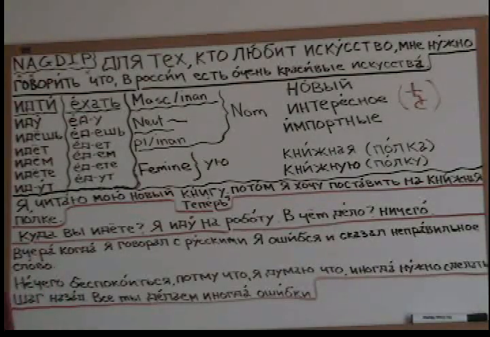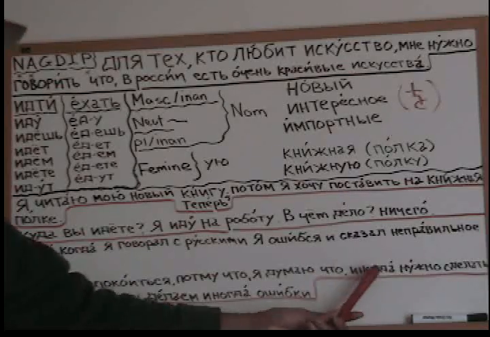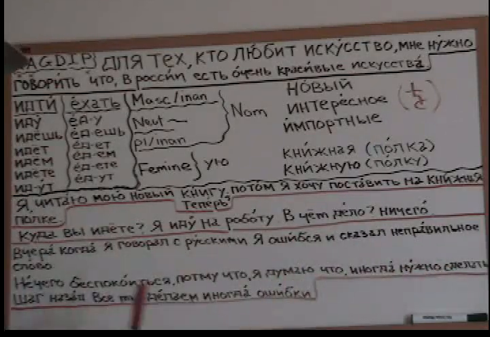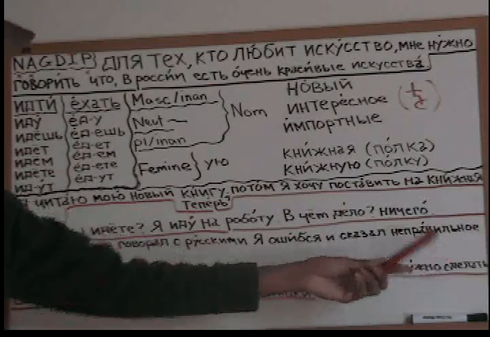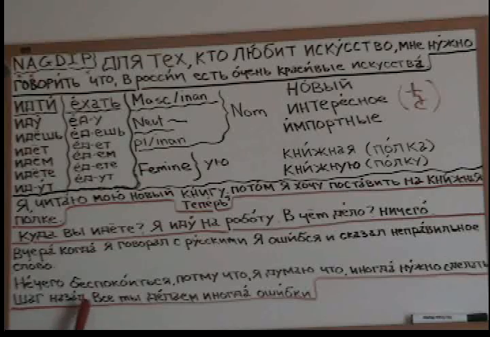Both these sentences here. All right, so ничего беспокоиться, потому что я думаю, что иногда нужно сделать шаг назад. Все мы делаем иногда ошибки. Again, ничего беспокоиться, потому что я думаю, что иногда нужно сделать шаг назад.